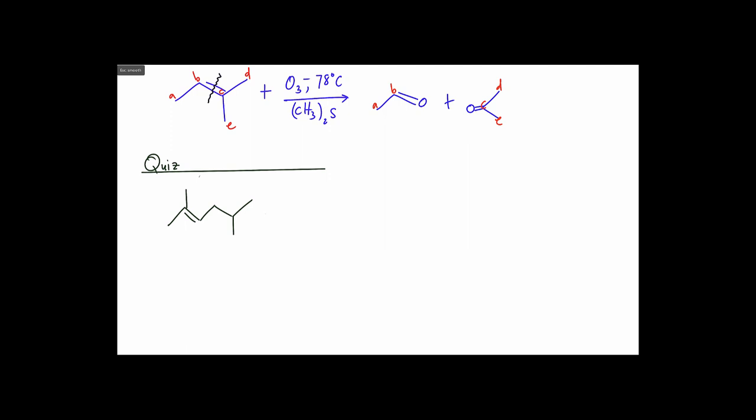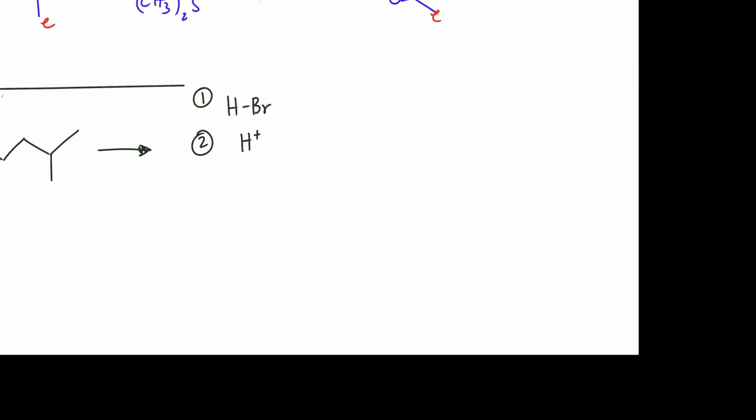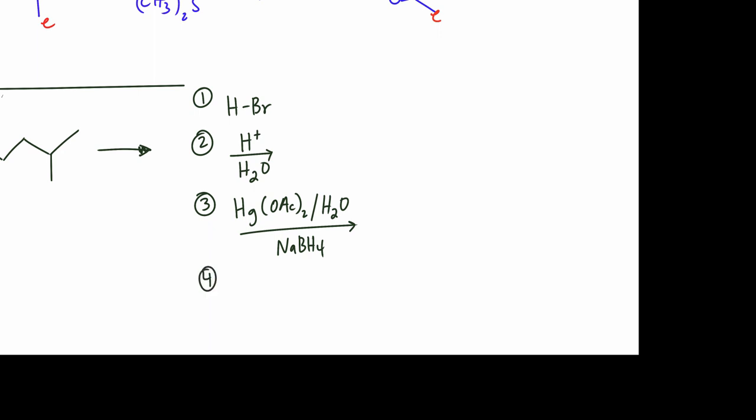So 1 is going to be your HBr that we did at first. 2, H plus and H2O. 3, oxymercuration demercuration. 4, alkoxymercuration demercuration.